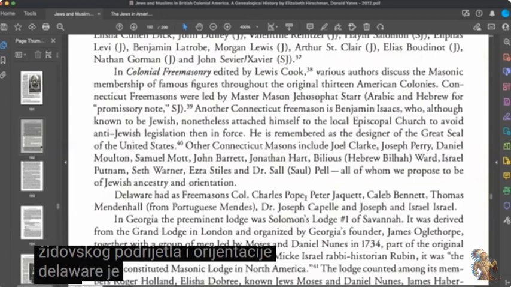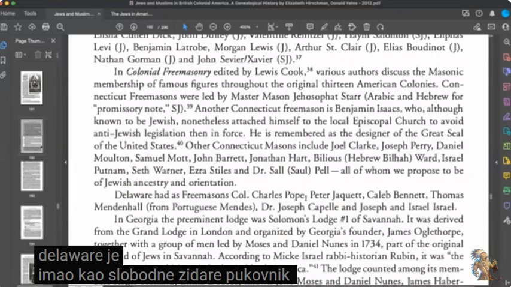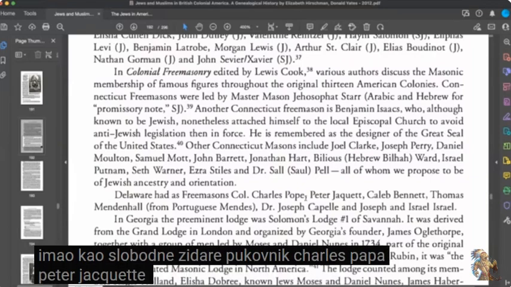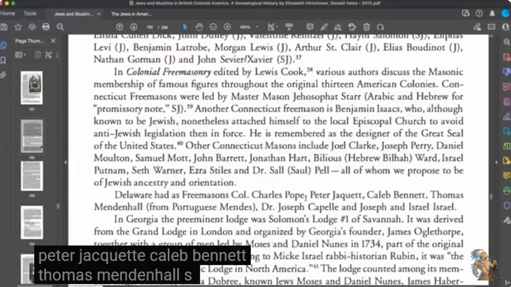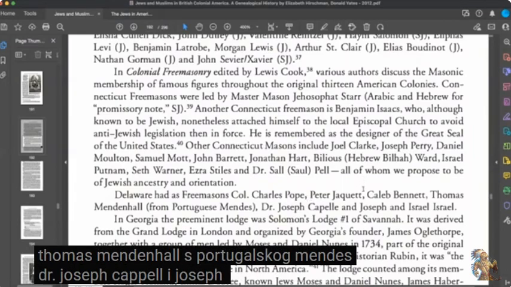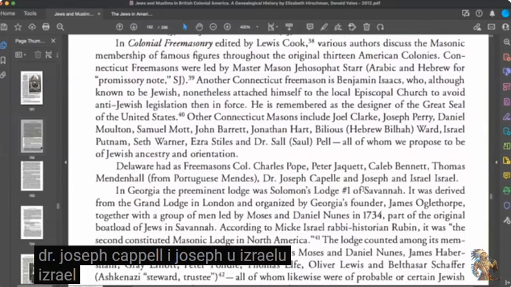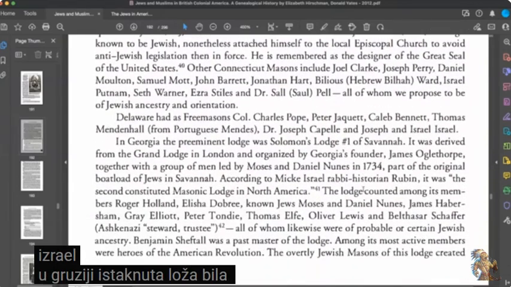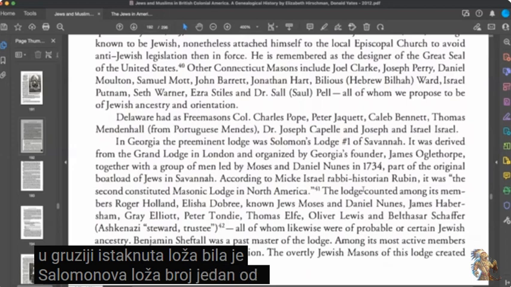Delaware had as Freemasons Colonel Charles Pope, Peter Jacquet, Caleb Bennett, Thomas Mendenhall, from Portuguese Mendes, Dr. Joseph Capel, and Joseph and Israel. In Georgia, the preeminent lodge was Solomon's Lodge Number 1 of Savannah.